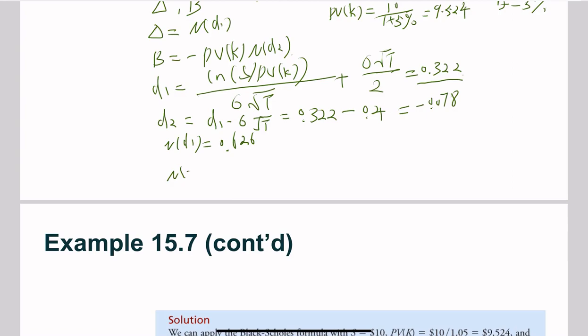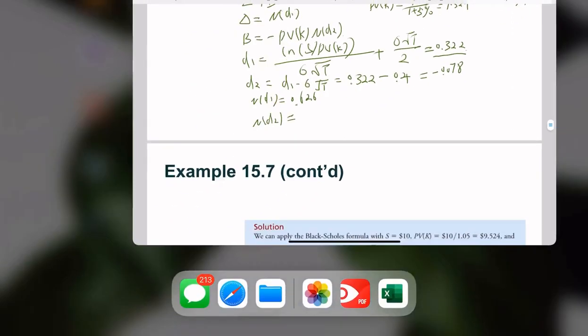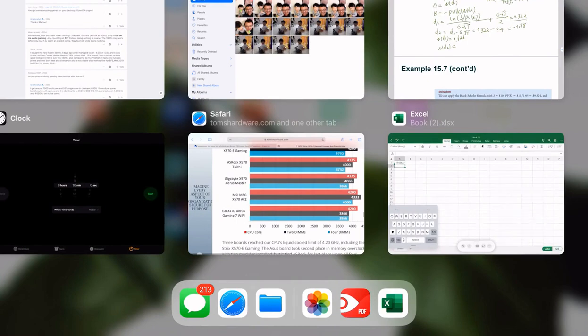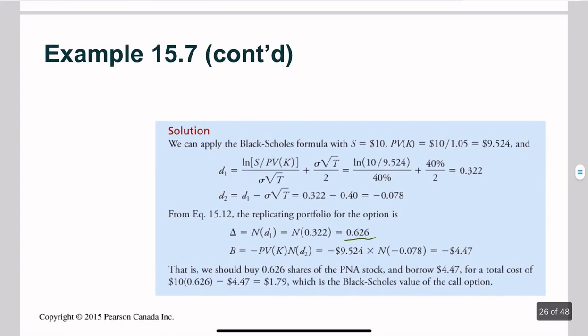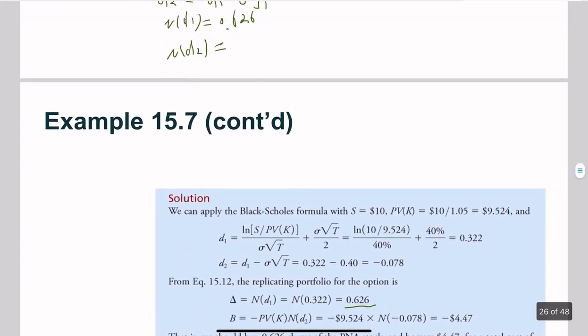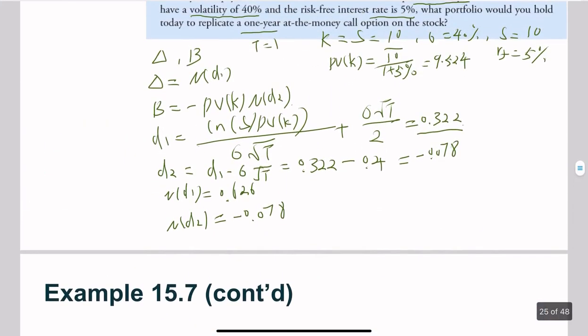And then you can see that it's also very easy for you to find out N(D2). Okay, I will not use Excel. Maybe I'll just copy from the lecture note. So it's minus 0.078. And then you can see that after getting N(D1) and N(D2), basically delta equals N(D1). So delta gotta be this number.